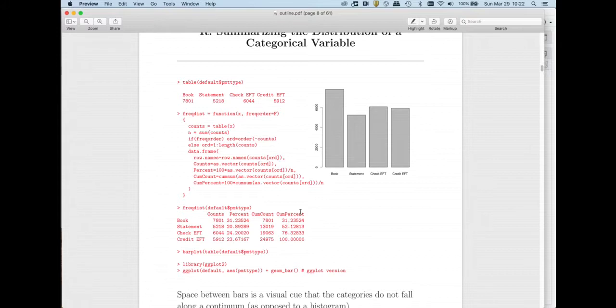And he did all of this work in the language S, which is a predecessor to R. And he developed something called the trellis library, which is called lattice in R. Maybe there was a copyright problem, I don't know. And he developed a lot of really innovative tools for helping us visualize data.